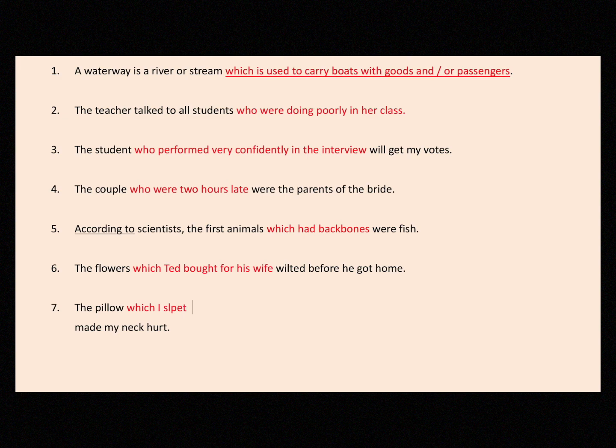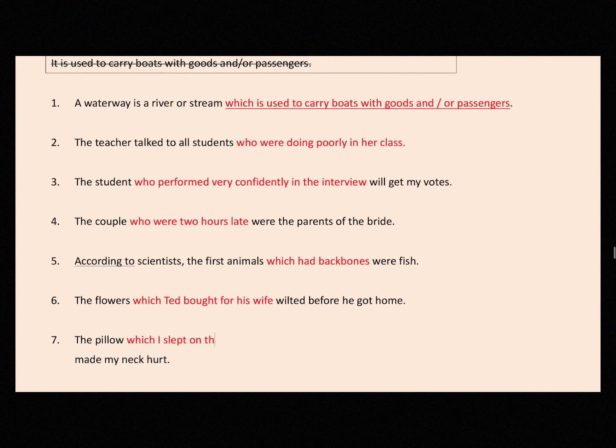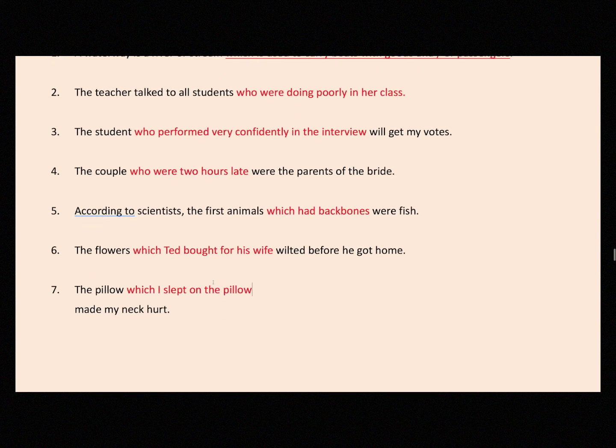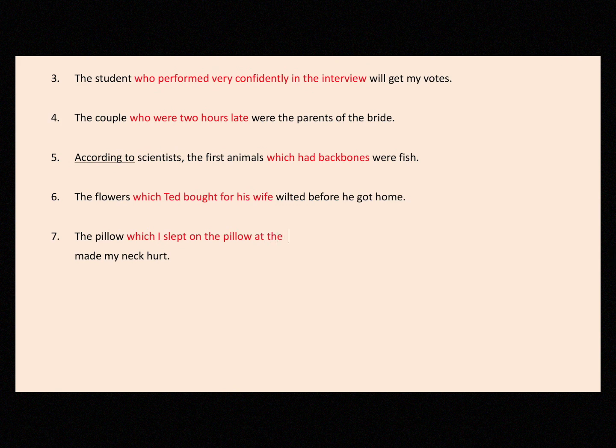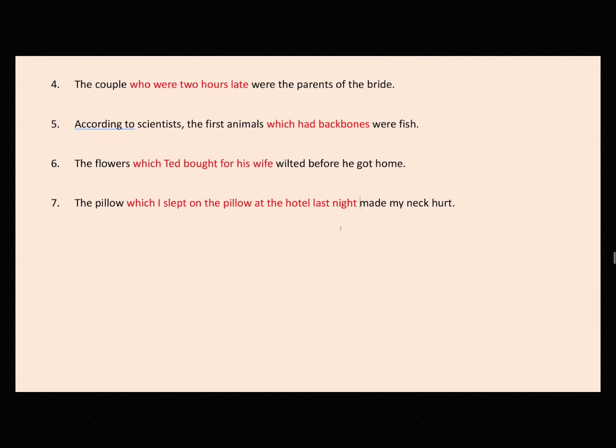I slept on the pillow at the hotel last night, made my neck hurt. Now the whole sentence becomes the pillow which I slept on, the pillow at the hotel last night made my neck hurt.